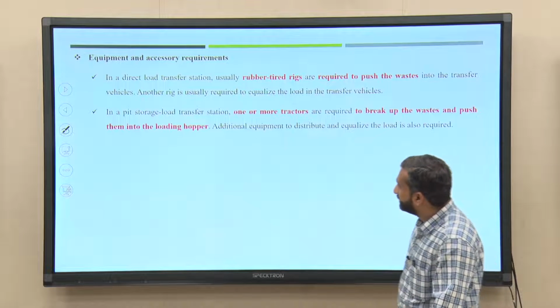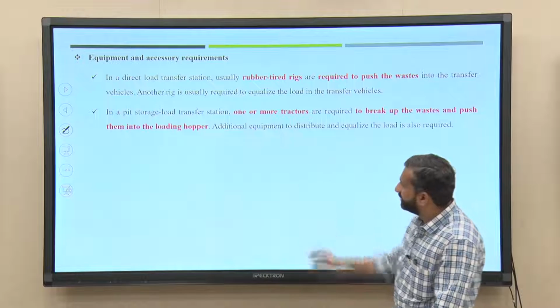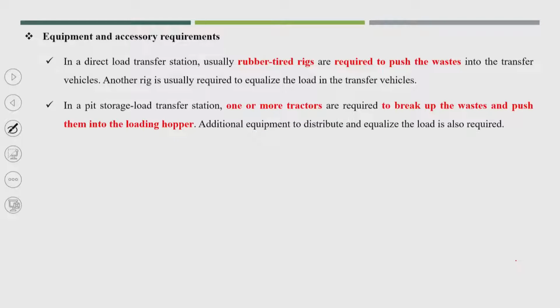In a pit storage transfer station, the first one was the direct load transfer station, and the second kind is the storage load transfer station. One or more tractors are required to break up the waste and push it into the loading hopper.